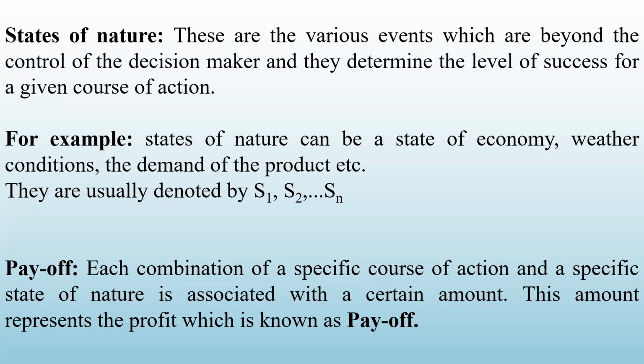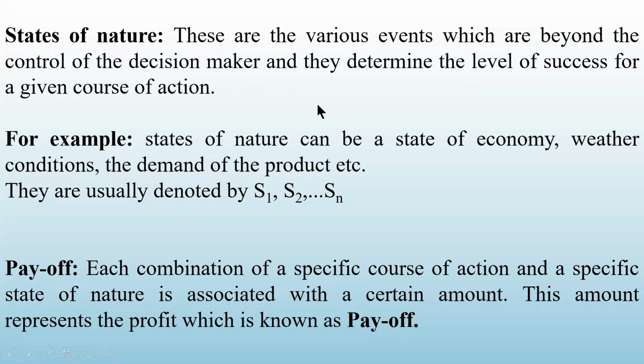So they can divide this into 3 events. Low demand can be called event S1, medium demand event S2, and high demand S3. The company does not have any control over that, because people may like it or may not like it. So it is beyond the control of the decision maker.